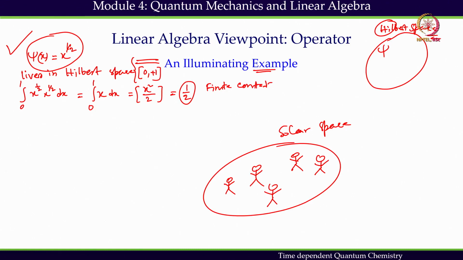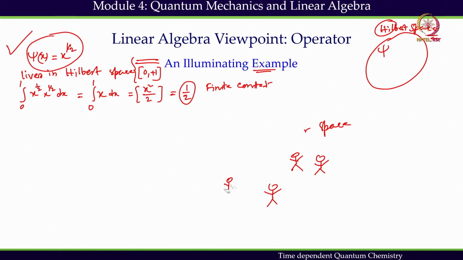So, we have already seen that within this limit, the wave function x to the power half is living in Hilbert space. So, it will be useful in quantum mechanics, very nice. Now, in quantum mechanics we know that some operator will be acting on it. Let us assume that my operator is d/dx, a very simple derivative operator, which will act on this x to the power half.